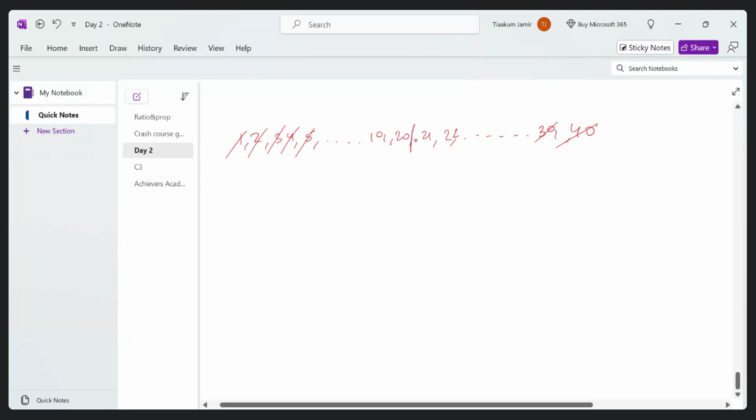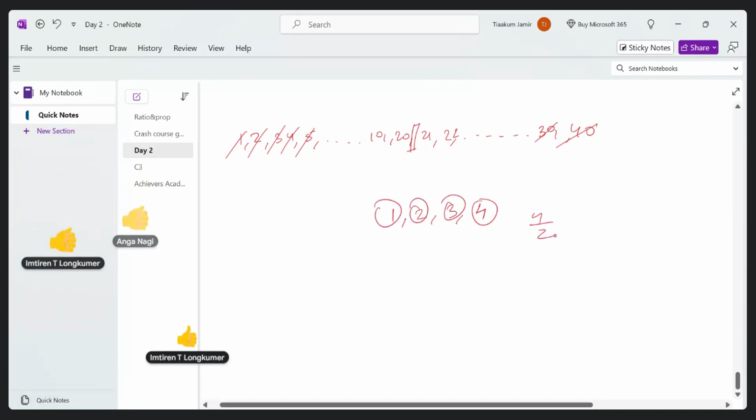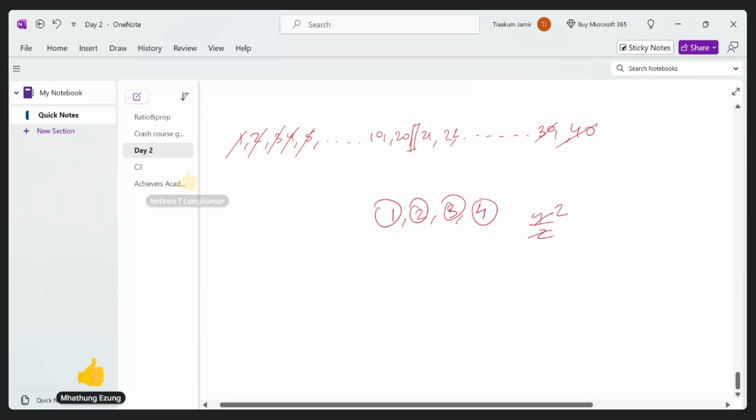The middle is 20 and 21. See, 1, 2, 3, 4, an even count, so there are two middle numbers, and the average is between them. That means 4 divided by 2 is 2, so the average is between 2 and 3. This average answer is 2.5, as we already got earlier.